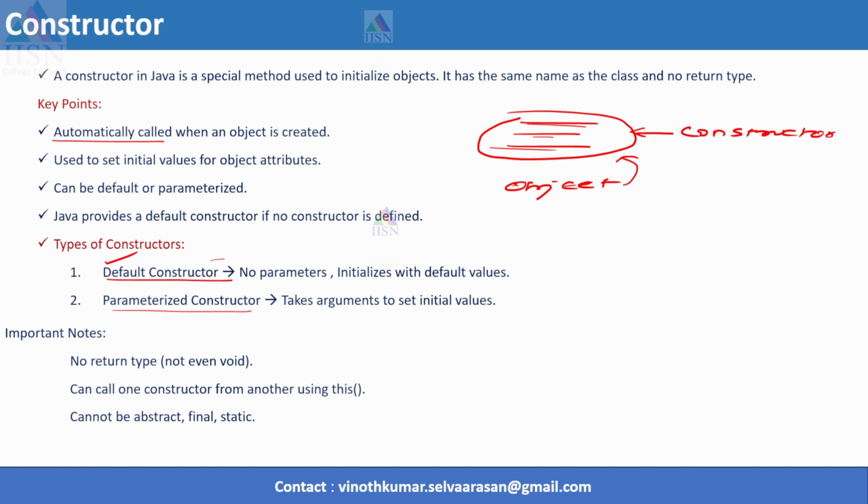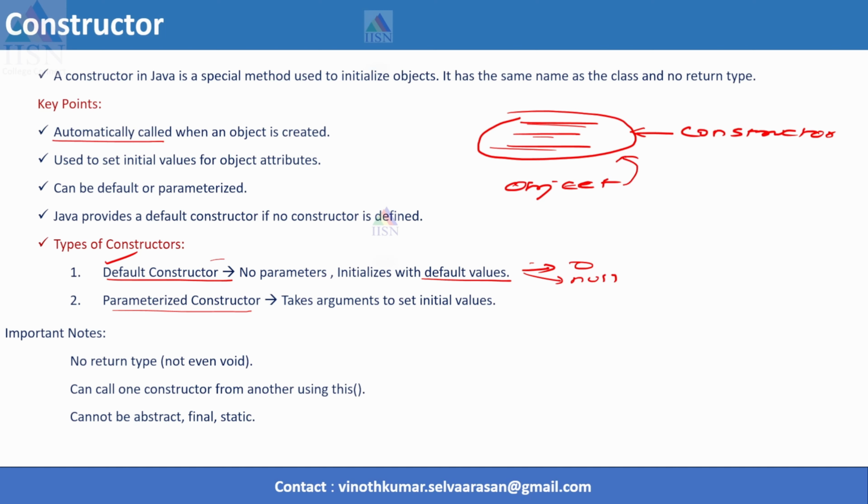Java itself will create a default constructor, and it will assign some default values to the variables based upon the data types. If it is an integer, it is assigned 0. If the variable type is a string, it is assigned null.